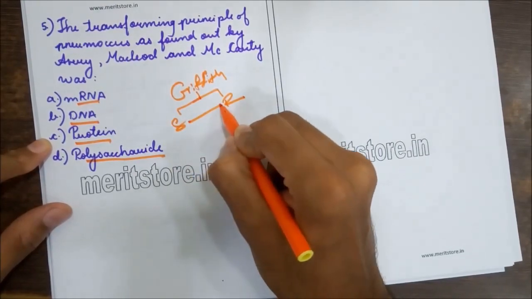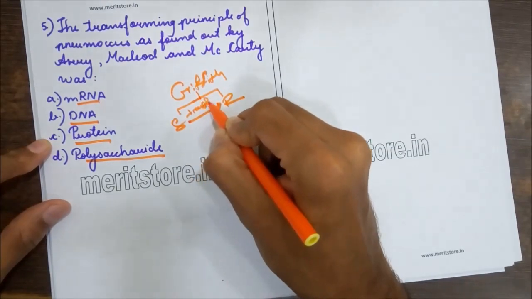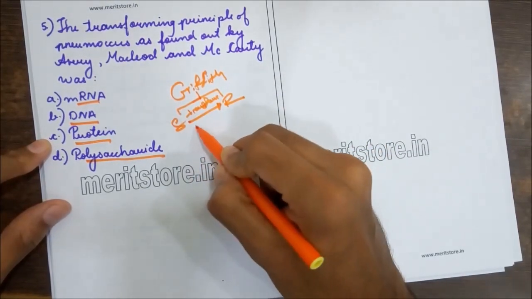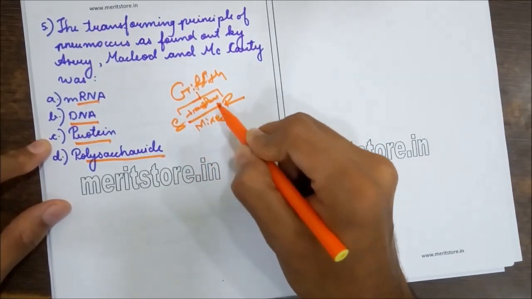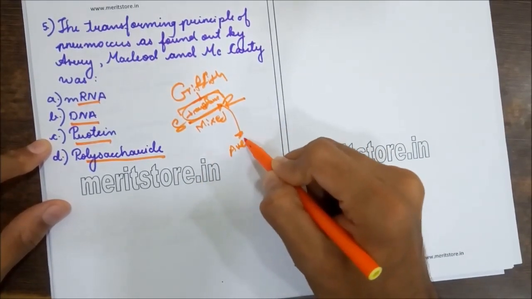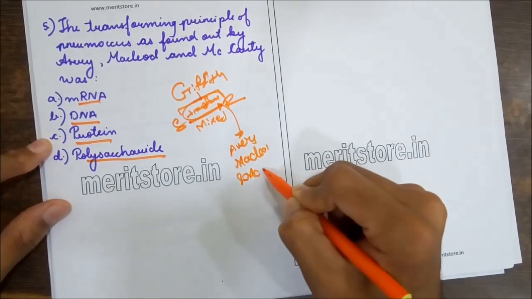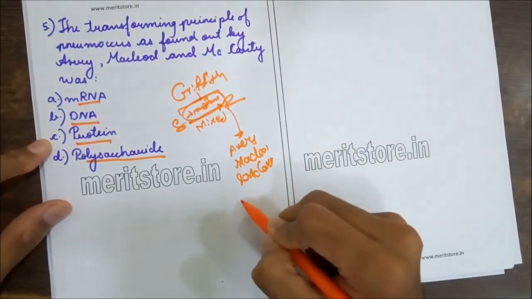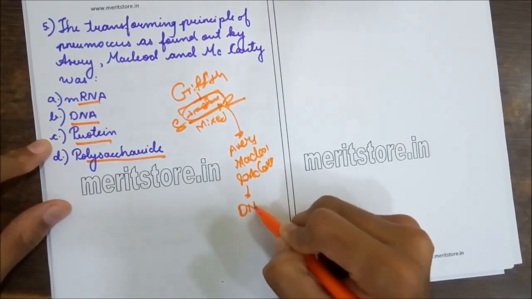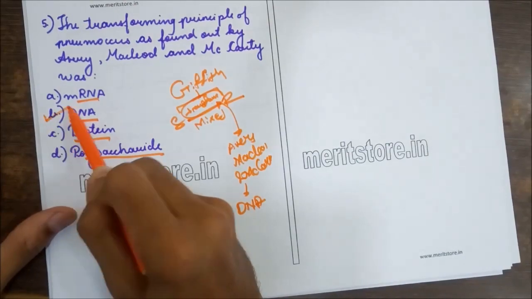Smooth transferred its transforming principle when they were mixed. This transforming principle was later found out by Avery, MacLeod, and McCarty to be DNA. So option B is the correct answer.